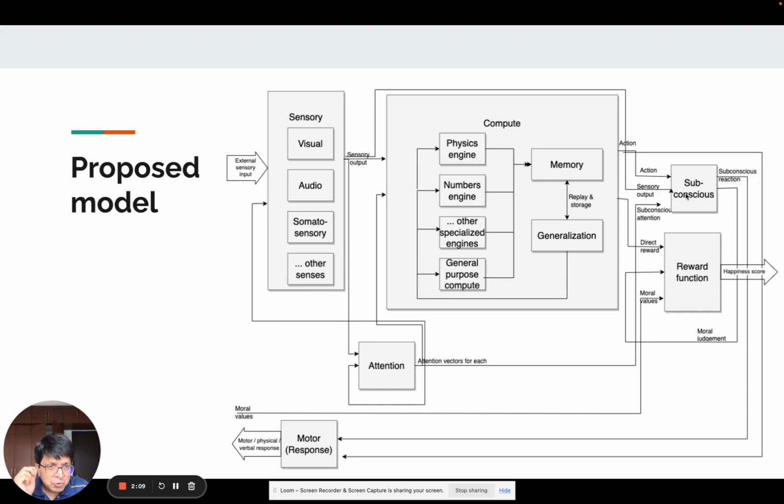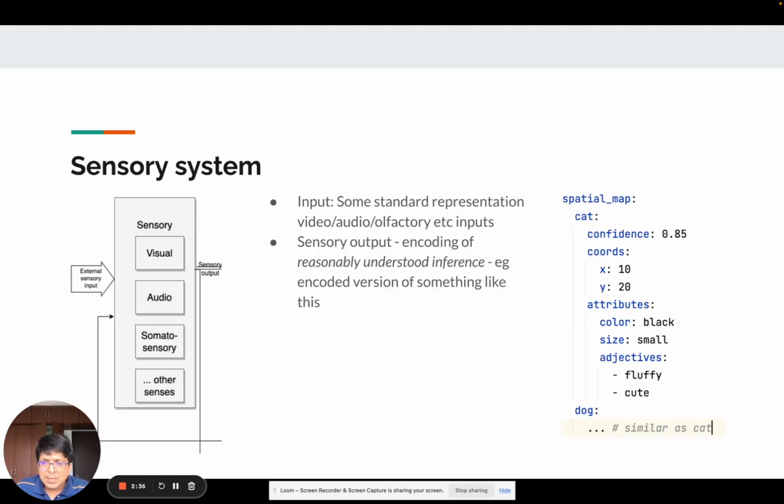I've introduced two new components here, which I would argue are uniquely human and not much covered in current ML work: a subconscious, and a kind of reward function which takes into account our moral values and judgment. There is also a will and attention network, which is a little bit like the index system that was talked about in one of the presentations yesterday.